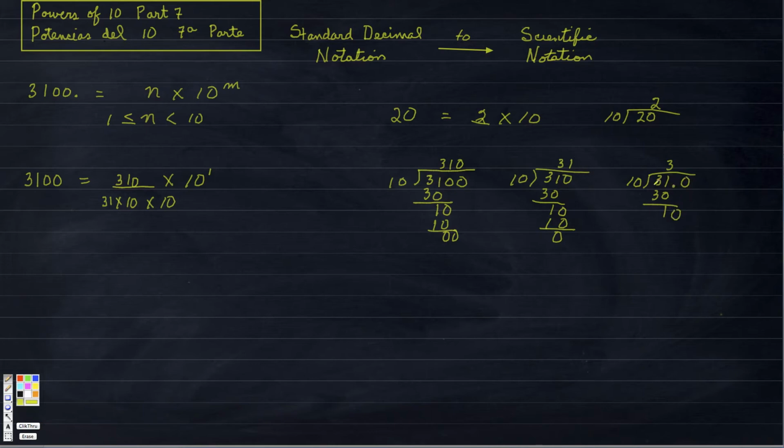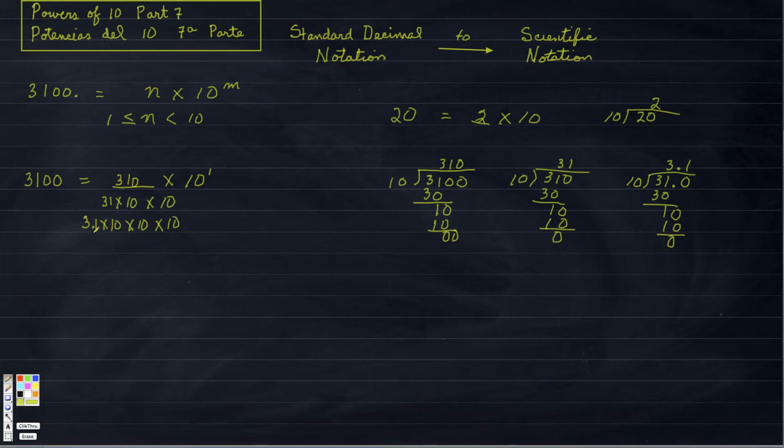Bring down the 0 and then it goes 1 time. Don't forget to put your decimal point. 1 times 10 is 10 and it comes out even. So now I found another factor. I found 3.1 for 31. So now instead of writing 31, I can put 3.1 times 10, then times the second 10, and then times the very first 10.